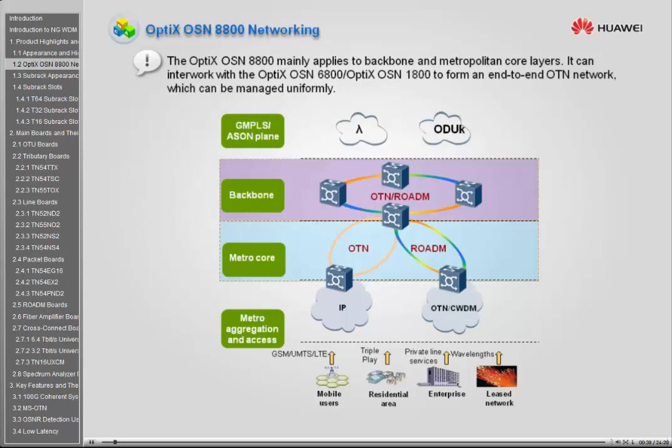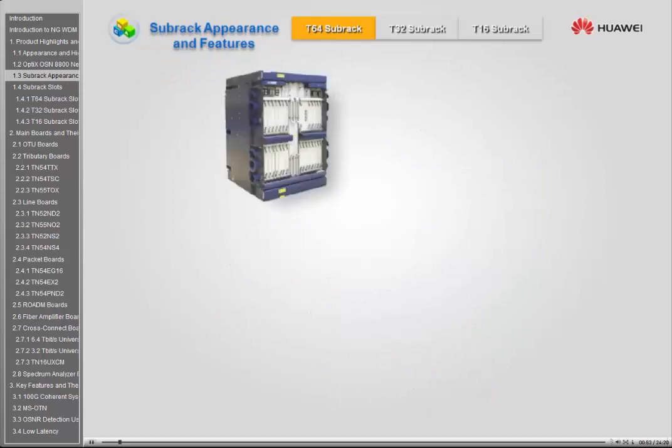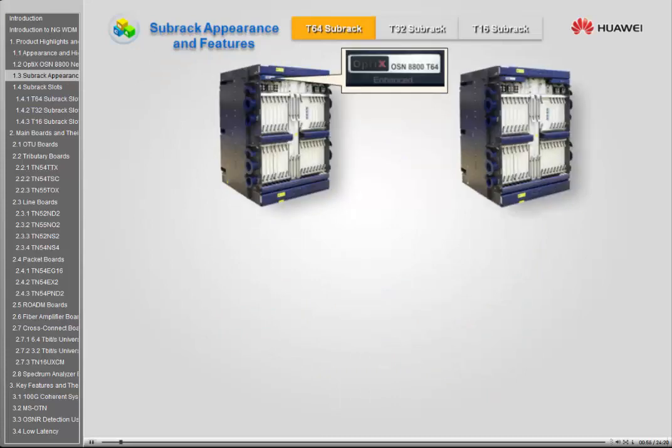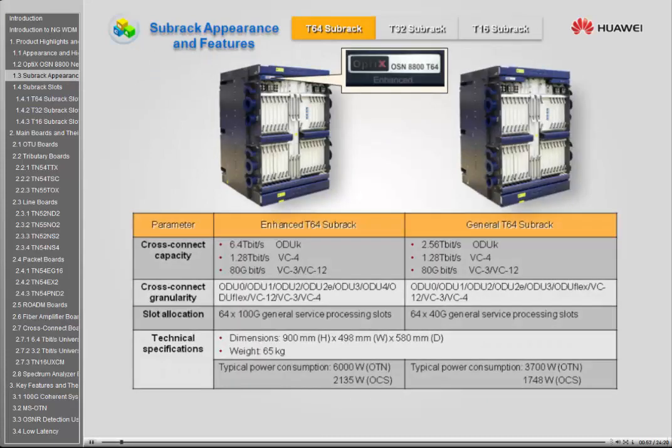It can interwork with the Optics OSN 6800 or Optics OSN 1800 to form a complete end-to-end OTN network for unified management. The Optics OSN 8800 T64 is available in two variants, Enhanced and General subracks.